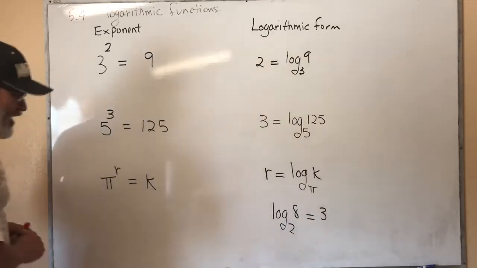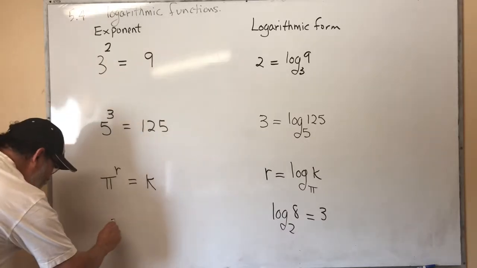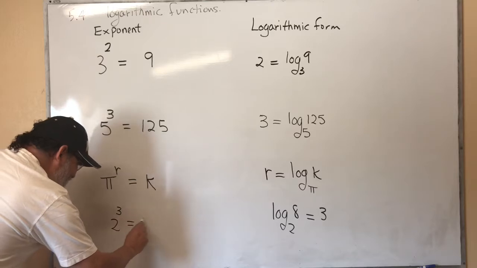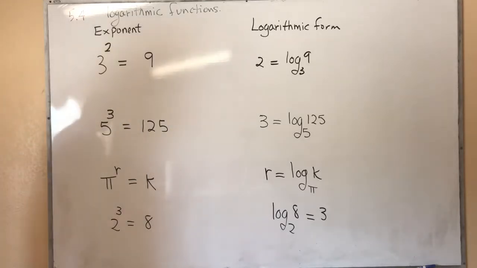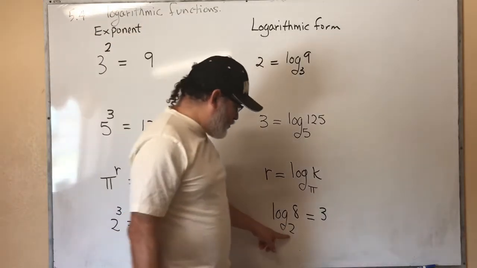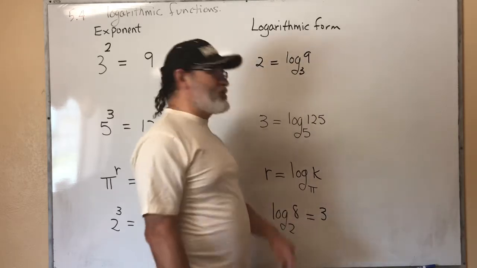So we're going to say 2 to the third is 8. This 2 to this power gives you this argument.